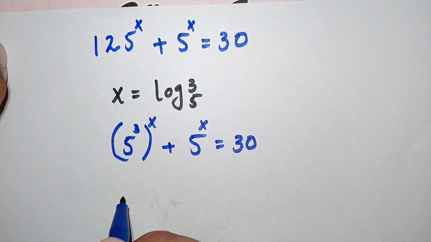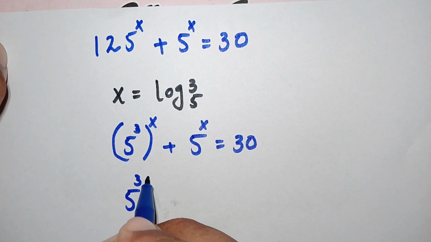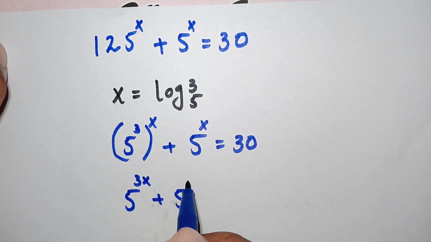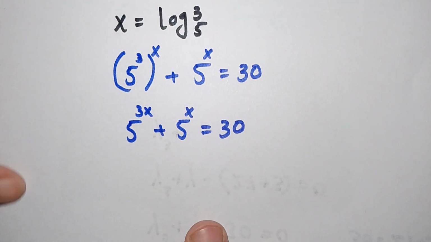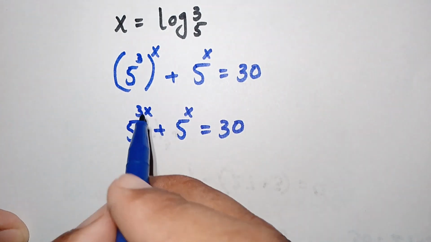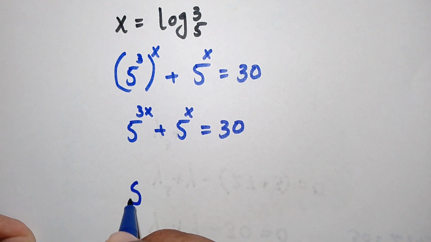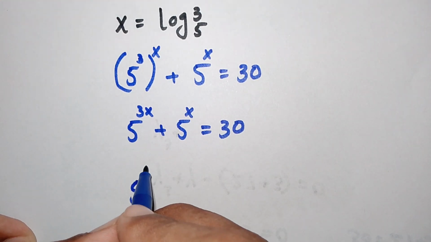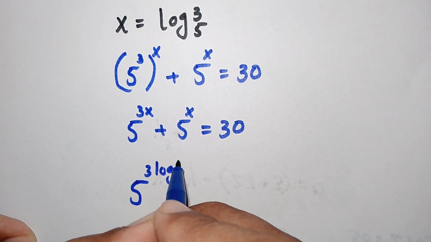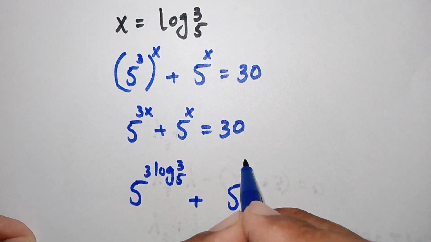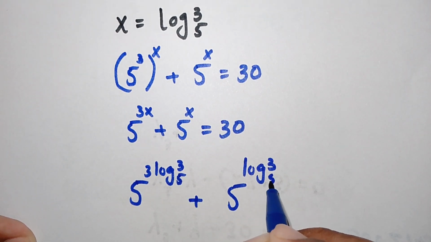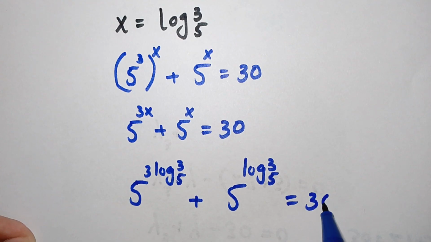This will also become 5 to the power of 3x plus 5 to the power of x, which is equal to 30. Now in the next step, we have to put the value of x, so this will become 5 to the power of 3 times log of 3 with base 5 plus 5 to the power of log of 3 with base 5, which is equal to 30.